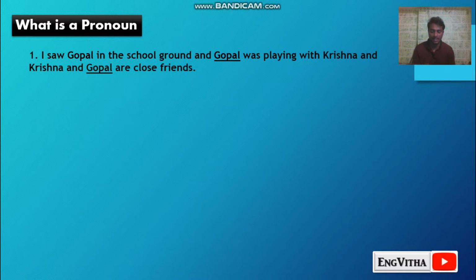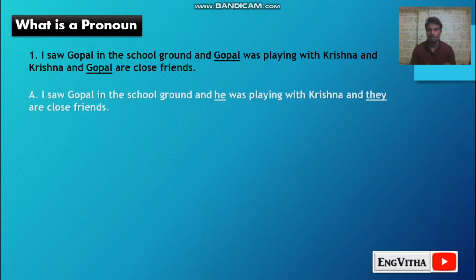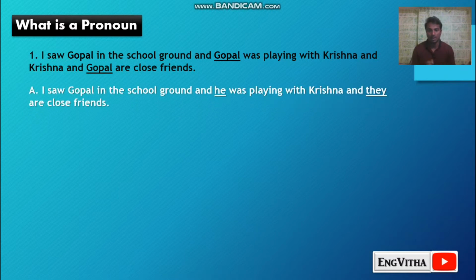So here the purpose of pronoun will be known. To avoid this repetition of noun, we use pronoun in the place of noun. So let's see the revised sentence here. There you will get to know how the pronoun is used in a sentence or speech. That is, I saw Gopal in the school ground and he was playing with Krishna and they are close friends.